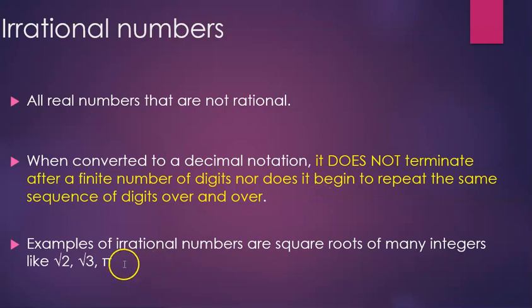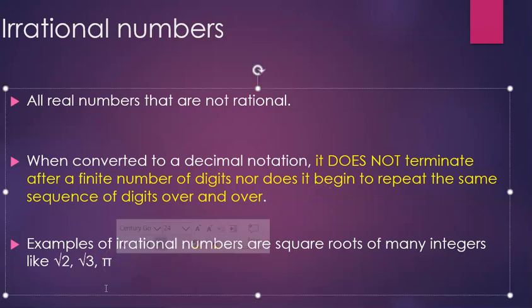So for instance, the Greek letter pi, right? Pi does not terminate. When you convert pi into decimal notation, it turns into 3.141592, and it goes on and on and on. So that is the reason pi belongs to the set of irrational numbers. The same goes with most of the square roots of numbers.